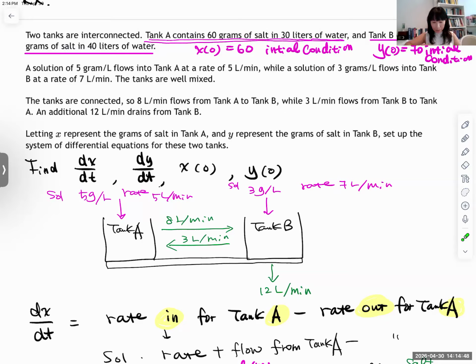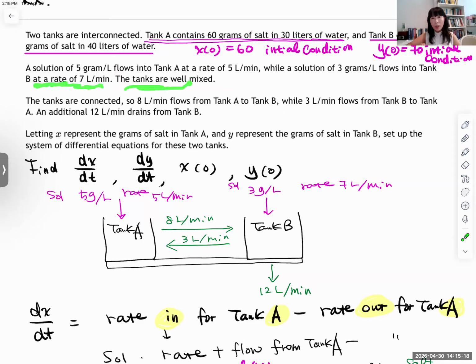Okay, now let me read. A solution of 5 grams per liter flows into tank A at a rate of 5 liters per minute, while a solution of 3 grams per liter flows into tank B. The rate is 7 liters per minute.